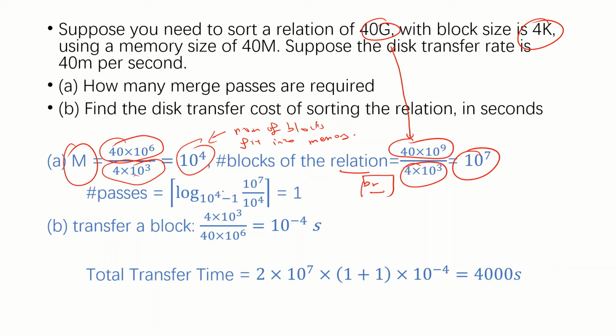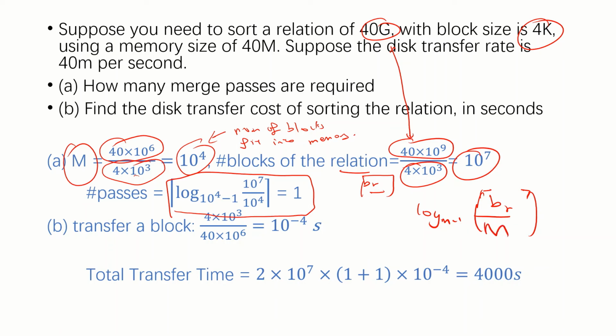The number of passes, which is the height of my tree, is equal to log base M minus 1 of the ceiling of BR divided by M. I can't remember the formula, but I think it's BR divided by M. Yeah, this is correct.